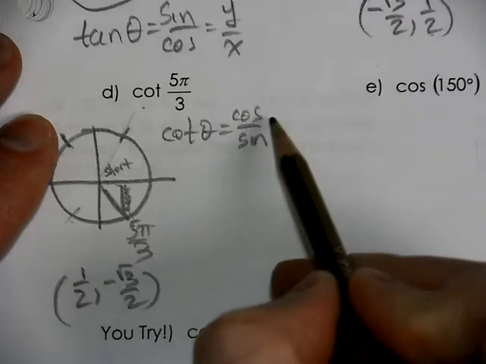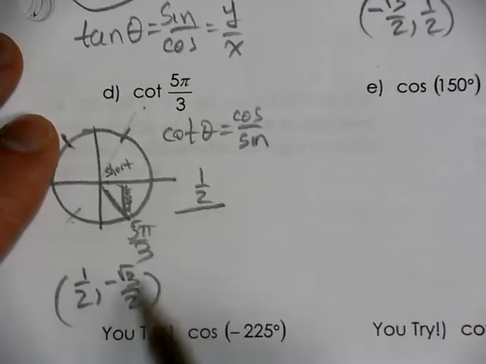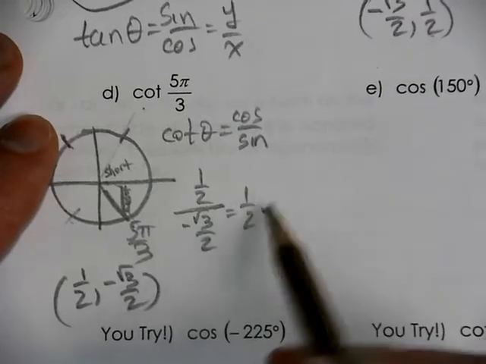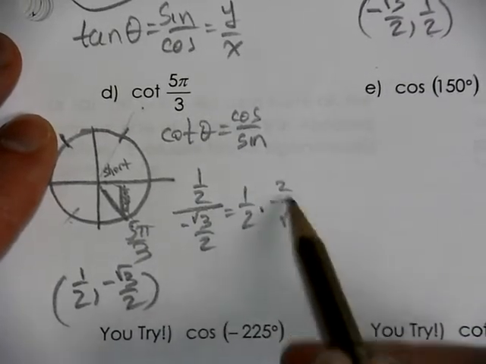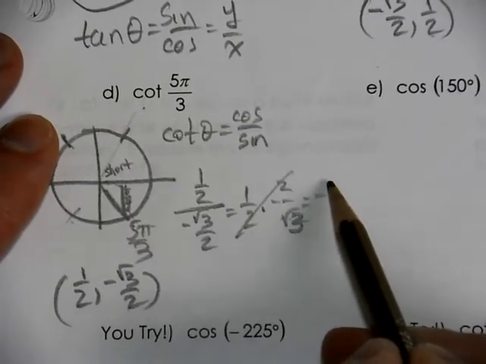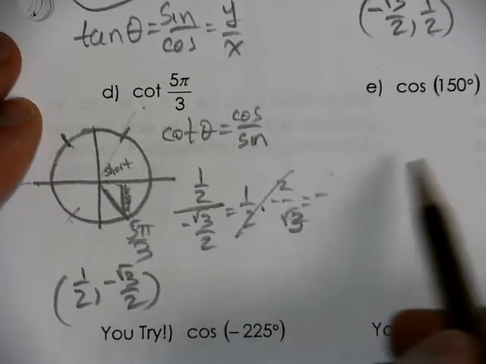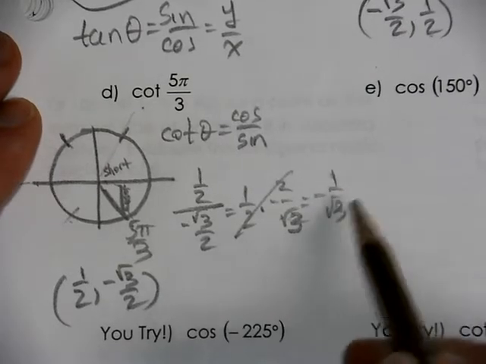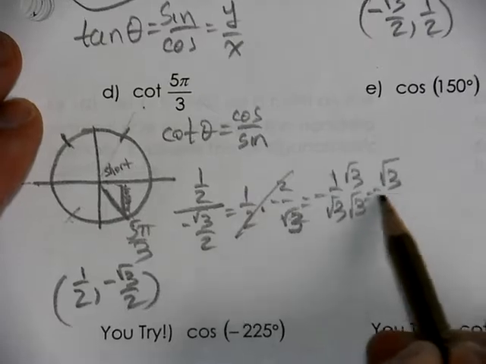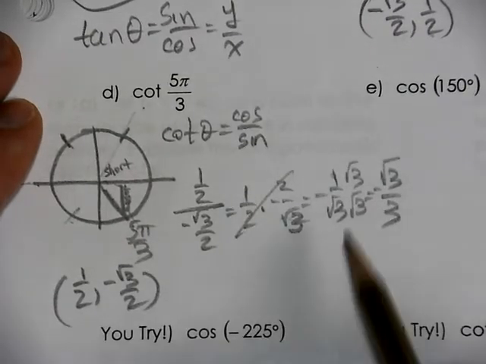So cosine are your x values divided by your y values. And you have to multiply by the reciprocal. So that gives you negative 1 over root 3. And when you rationalize that denominator, you get negative root 3 over 3.